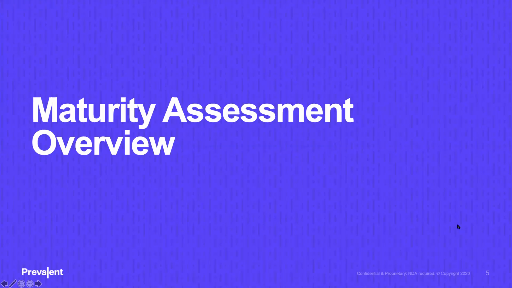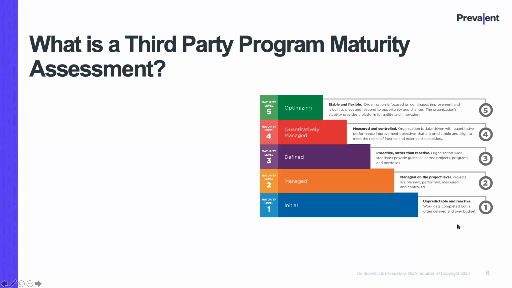Maturity assessment overview. The most common question we naturally get up front is, what is a third-party program maturity assessment? For us, what makes up a good third-party maturity assessment, we normally use the CMM model, the Carnegie Capability Maturity Model, which, for those of you who are familiar with it, rates things between a 1 and a 5, from initial, as in there's not much progress, it's very immature, up to 5 being optimized.